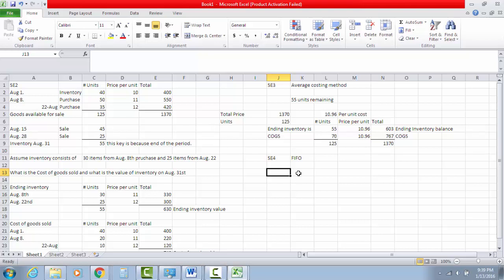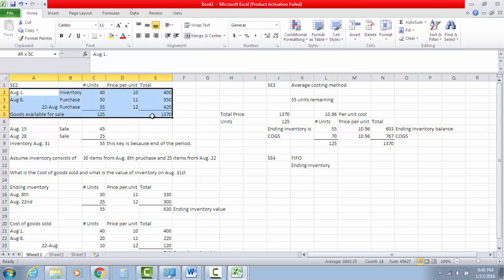And how do I know we sold 70 units? Because in the end we had 125 goods available for sale and we ended up with 55. So first thing we do is do ending inventory. First in, first out means we need to figure out what is left. So first in, first out essentially means you start at the bottom.